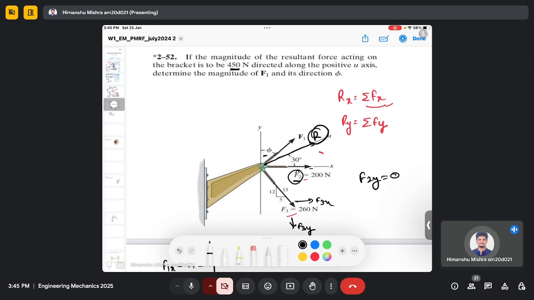This will be my Rx, and this will be my Ry. We have been given an angle of 30 degrees, so R is acting at 30 degrees from the horizontal axis.